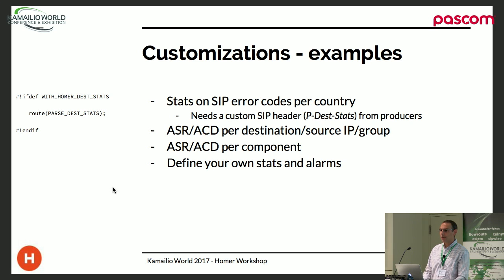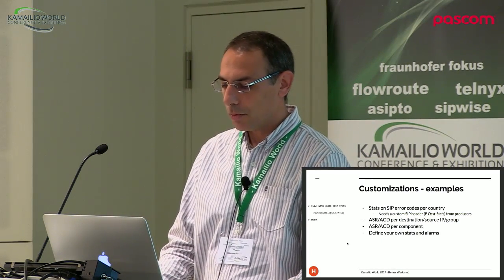And you can do projects like Alfonso over there did, a modification of Homer so that you could have a sort of reporting of error codes divided by country. So you could have a dashboard with the error codes divided by each country, so you could monitor specific destinations and identify spikes of errors and then go deeper and investigate, which was extremely useful.